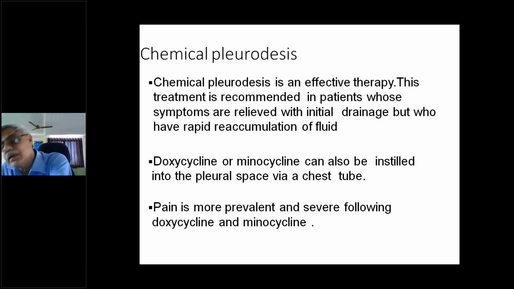What are the drugs that are to be used in case of pleurodesis? One is doxycycline or minocycline. You can also use talc. You can push the talc, and then you can use doxycycline or minocycline.